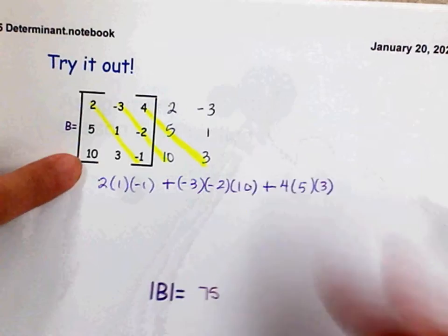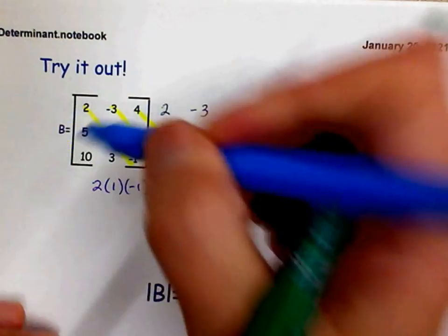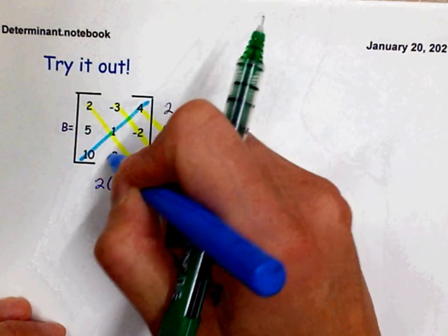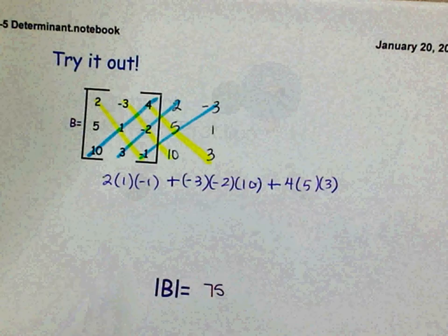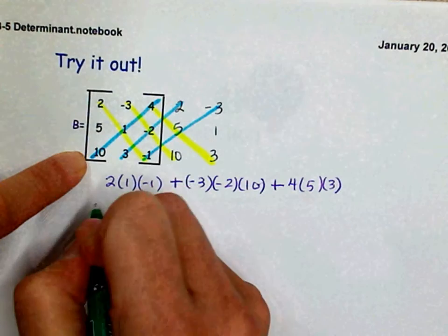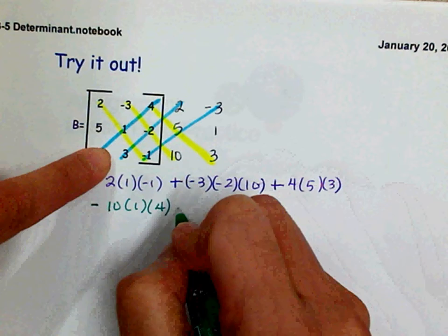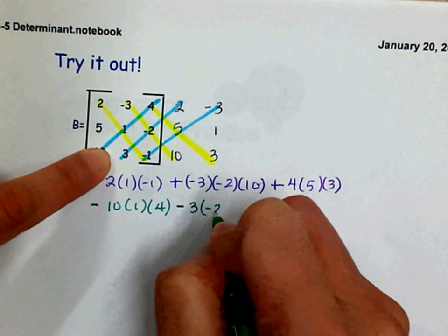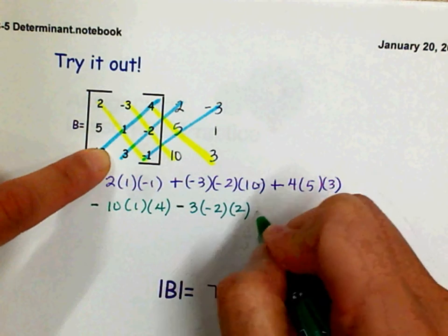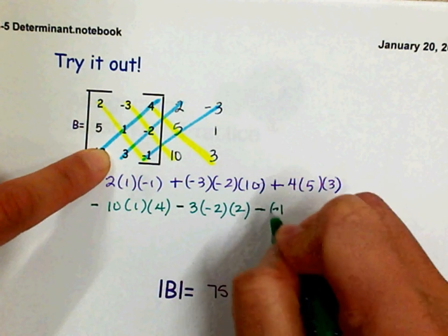Now, start at the bottom left, going straight up, just like that. Minus 10 times 1 times 4 minus 3 times negative 2 times 2 minus negative 1 times 5 times negative 3.